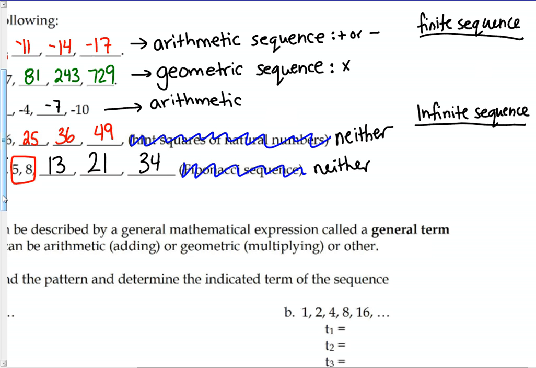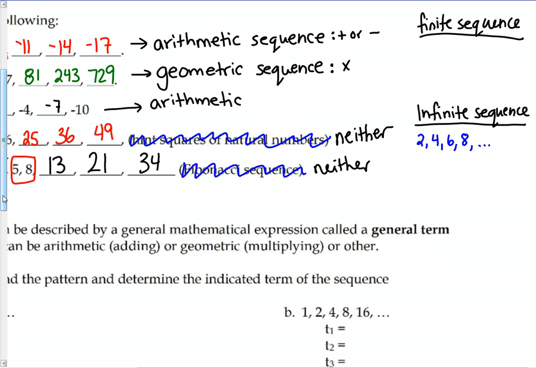So how do we know if a sequence goes on forever or is endless? We finish it, it ends with dot, dot, dot. That's an example of an infinite sequence. It ends with dot, dot, dot.